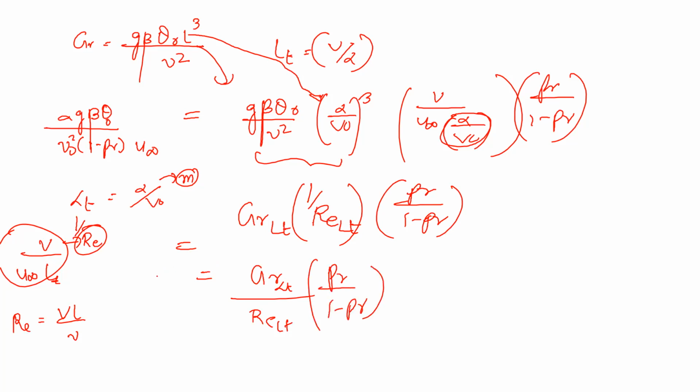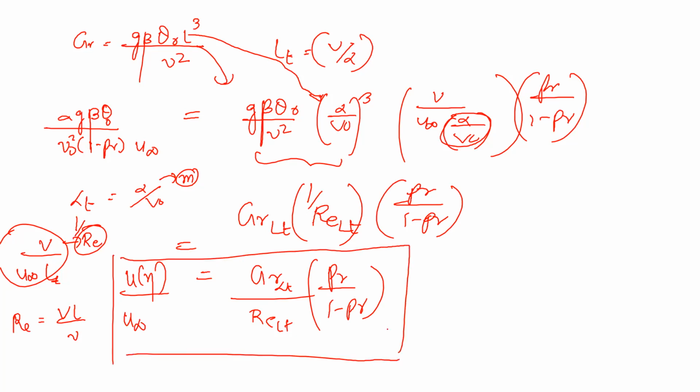So that becomes our expression for u theta by U infinity. If the Prandtl number tends to 1, then what do we have to use? This expression: u of eta by U infinity becomes Gr_LT by Re_LT.